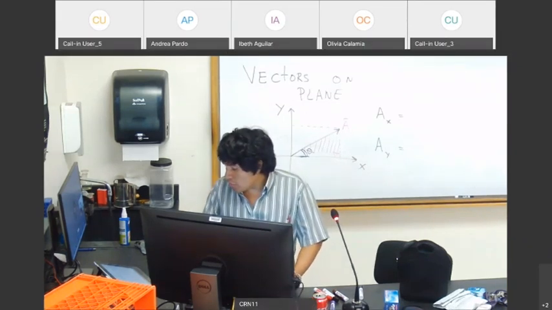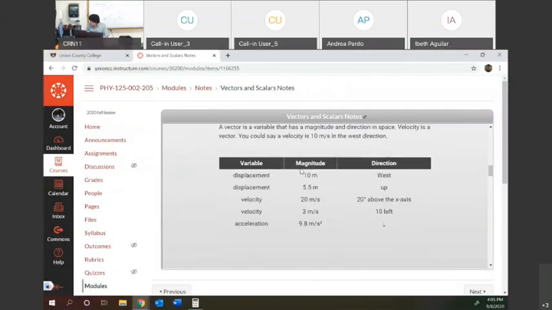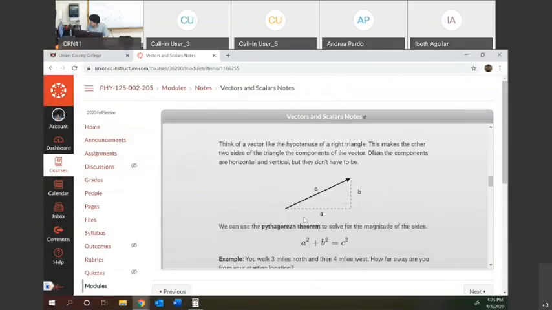If you go to the notes, here is what I drew. To understand the idea of vectors on the plane, we need to remember the Pythagorean theorem.